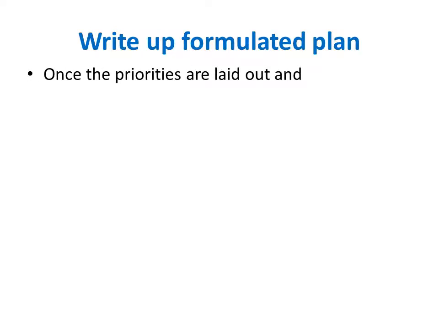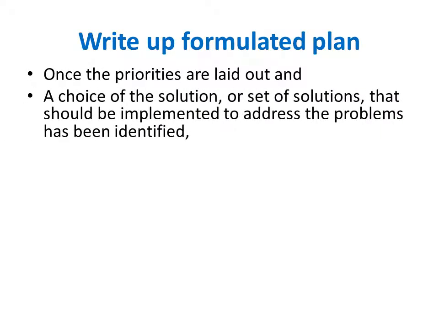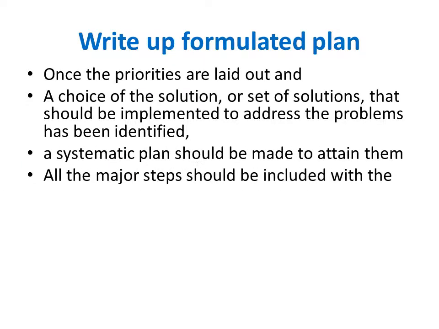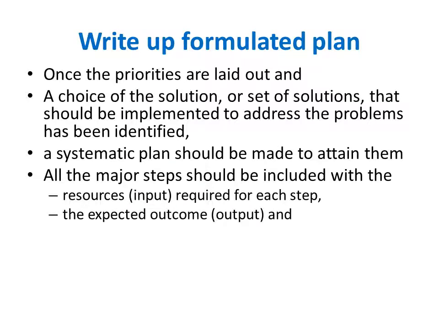Once the priority objectives have been laid out and the most suitable solution has been chosen, a systematic plan of action has to be developed as to how we will achieve the objective, and it has to be put on paper. All the major steps in the plan should be included in the write-up, along with the resources required for each step, the expected outcome after each step, and the time period that each step would take.